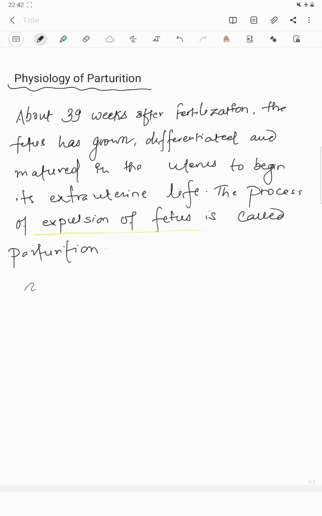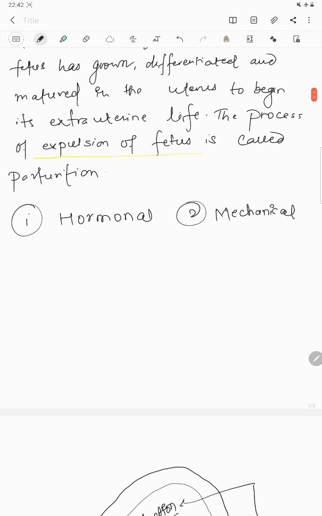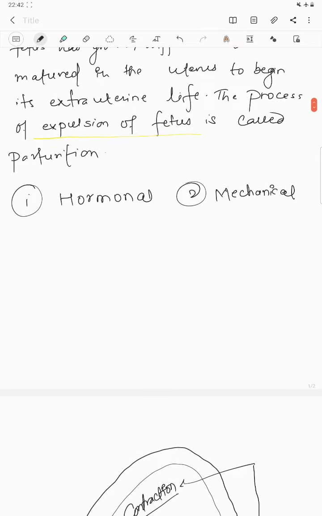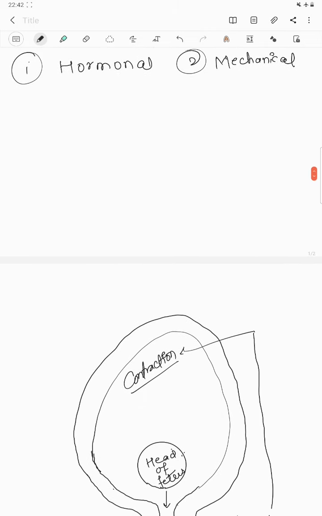They are hormonal factors and mechanical factors. First, we'll talk about hormonal. Okay, before that, let us talk about the mechanical factor.